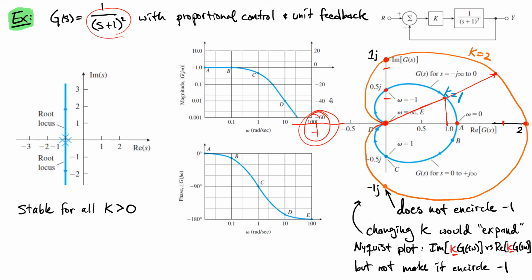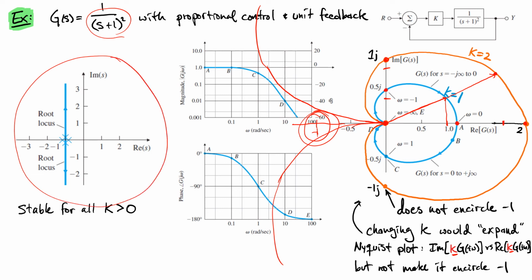You can imagine that if you multiplied k by 1,000,000, you may have a much deeper butt crack here that essentially extends out, but it will never actually include the point -1 because these are asymptotically approaching 0 here. This is confirmed by looking at the root locus, which shows that there's no value of k that's actually going to lead to unstable closed loop poles.